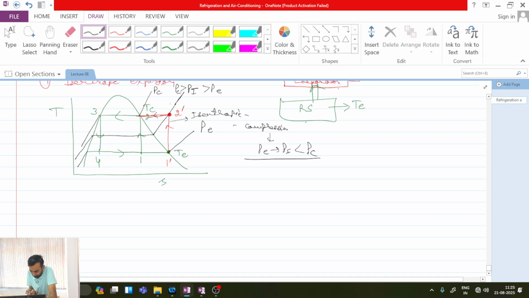When I am moving from point 2 dash to point 2, the pressure is changing from PI to PC, where PC is greater than PI. So it means that I have to use an isothermal compressor. Is this one clear? So to achieve process 2 dash to 2, I need to employ an isothermal compressor.